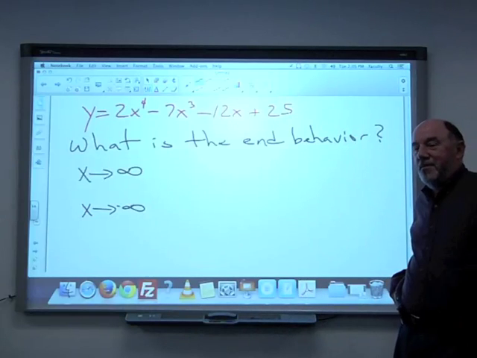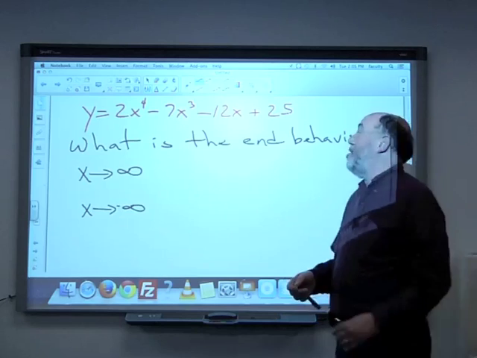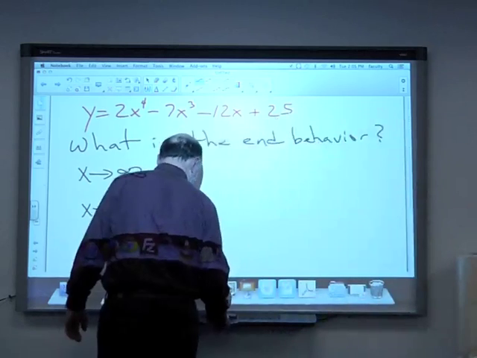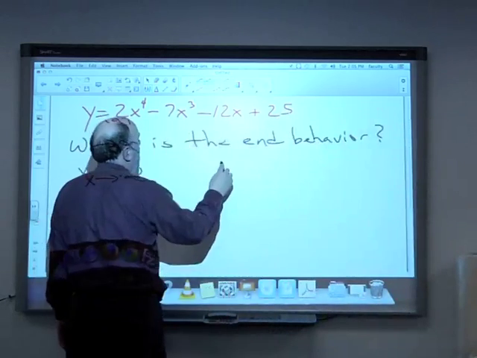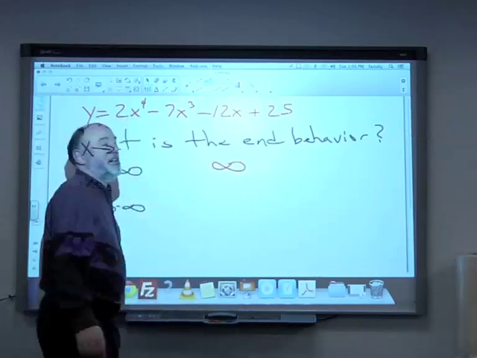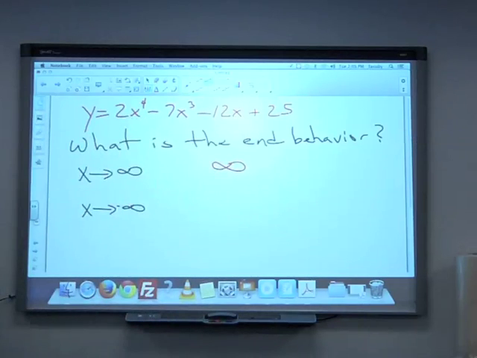So this will be going to infinity. How about as x goes towards negative infinity? Does it go to negative infinity? Nope, it won't be negative infinity. It'll be infinity.